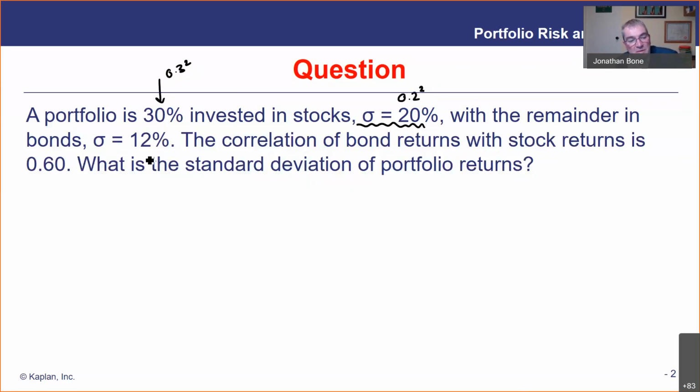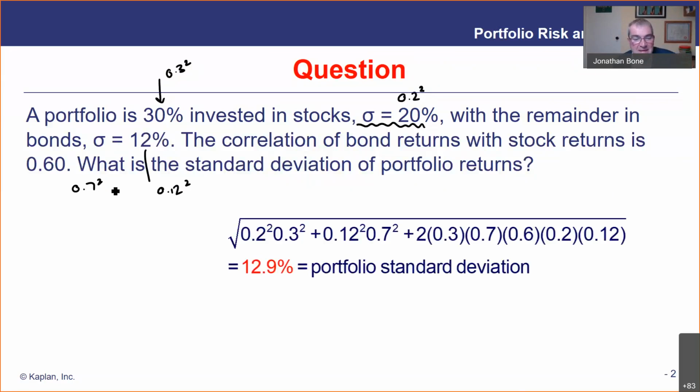For our bonds, again, we're going to need to use 0.12 squared as their variance, and we're going to need their weighting as 0.7 squared. Okay, 70%. So there's our first asset: 20% is the standard deviation, so we're squaring that to get variance, and multiplying that by the squared weighting, 30% squared. Second asset has a standard deviation of 12, so variance 0.12 squared times the squared weighting.